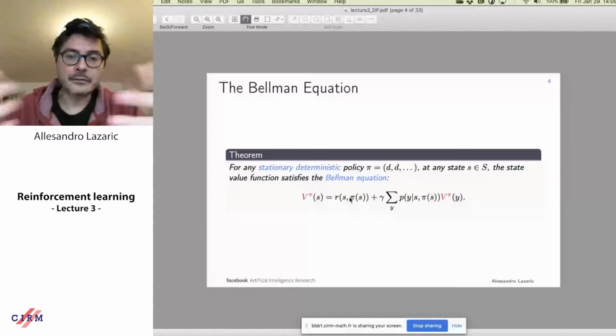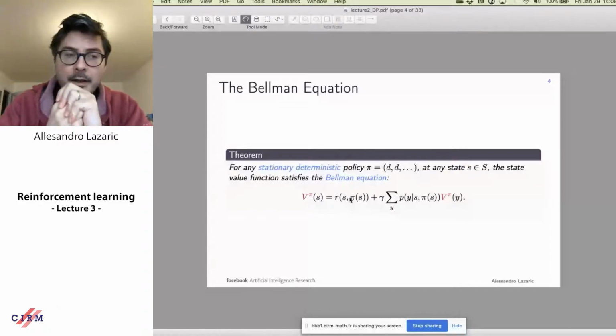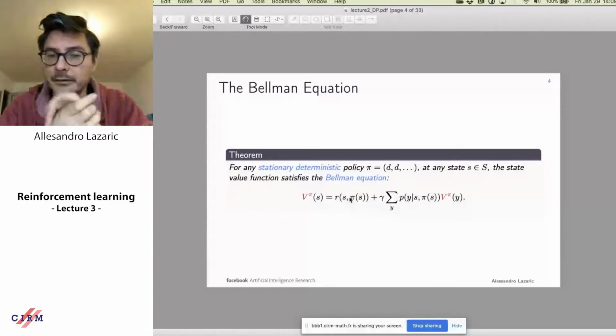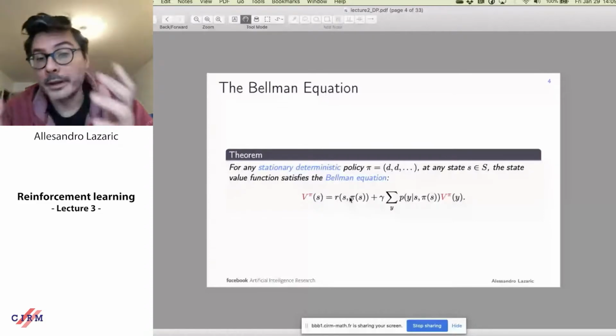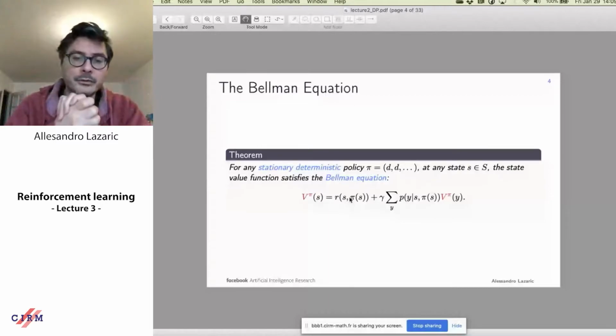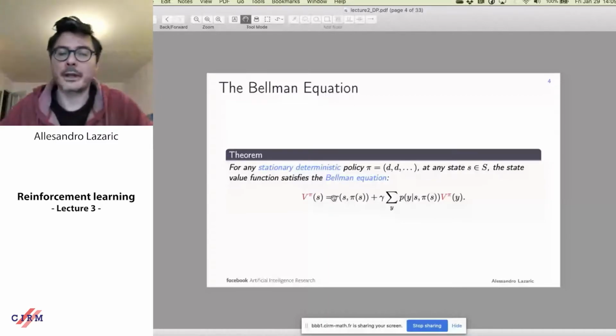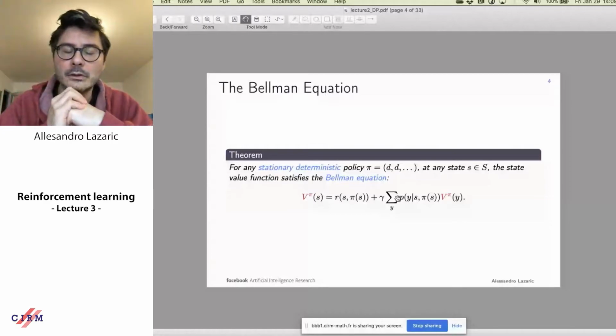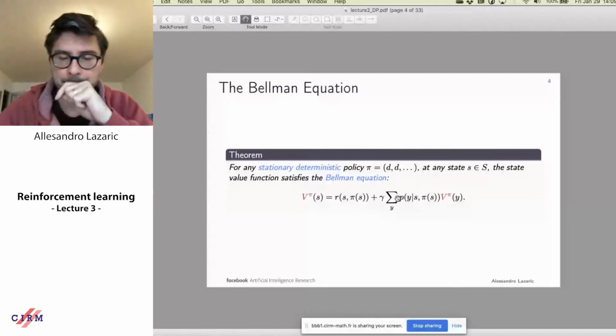This means that for every specific policy pi, I'm able to compute its value by just solving a linear system of equations whenever I know R and I know P. So whenever I know these ingredients in the problem or I have a reasonable estimate of them, I can directly use this technique to compute the value function associated.